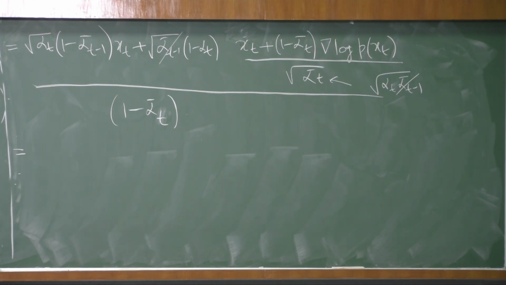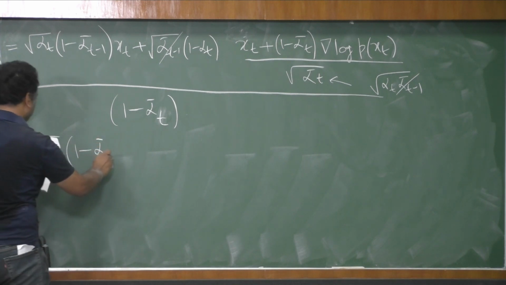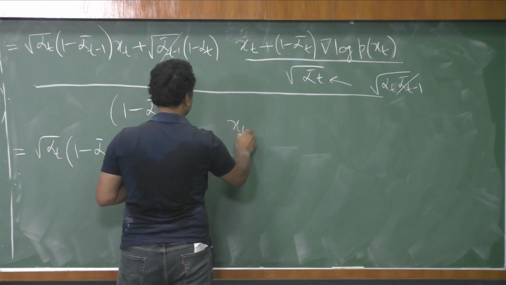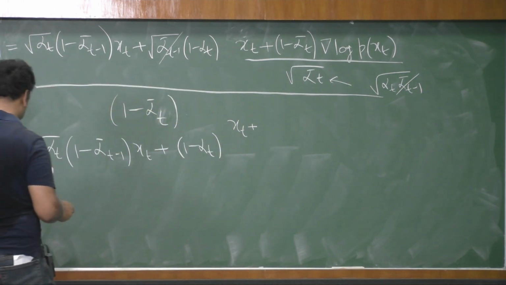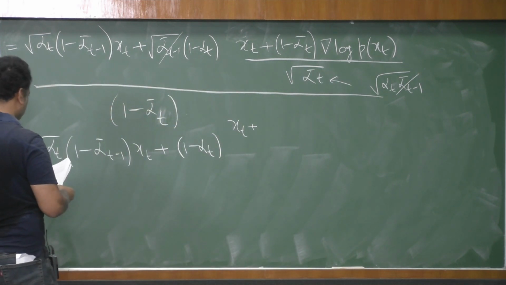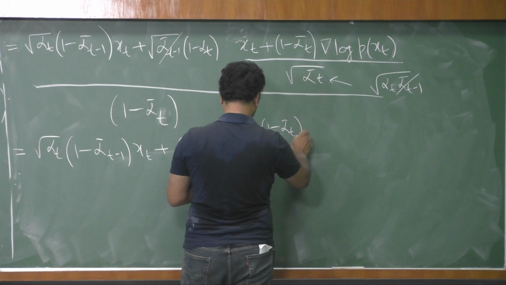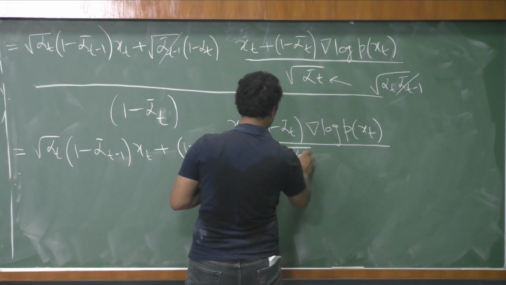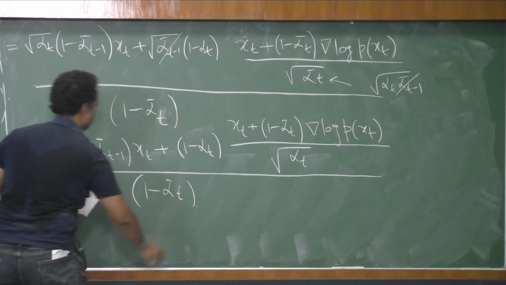So then we are left with just the square root of alpha t in the denominator there, and that's the first step. So let us do this. Square root of alpha t, 1 minus alpha bar t minus 1, xt, plus 1 minus alpha t, xt, plus alpha bar t, 1 minus alpha bar t, and then we have 1 minus alpha bar t, xt, plus 1 minus alpha bar t and grad log p(xt), divided by square root of alpha t, and the whole thing divided by 1 minus alpha bar t.